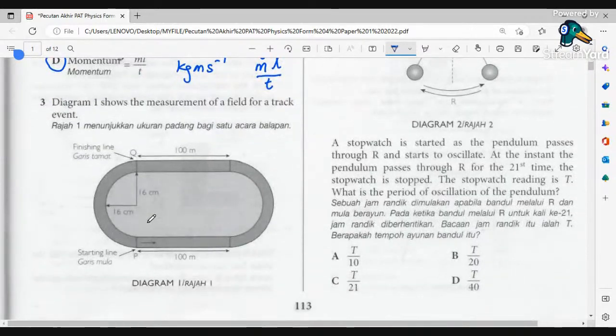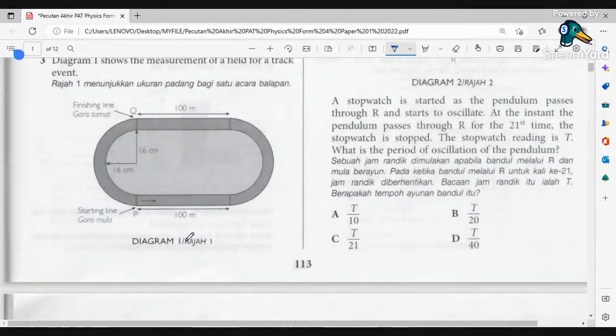Okay, number 3. The diagram shows the measurement of a field for a track event. If not clear, this one is 100 meter, and the radius is 16 centimeter.